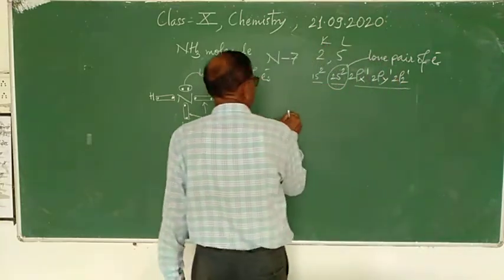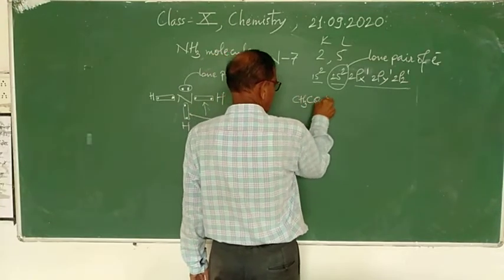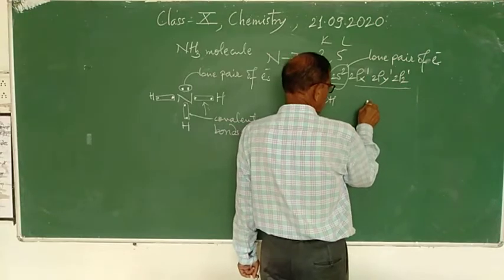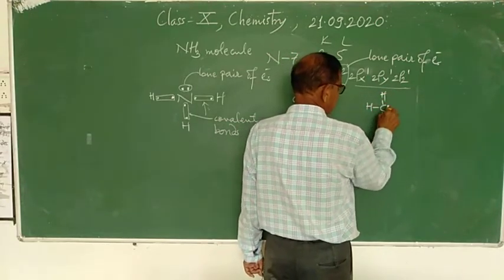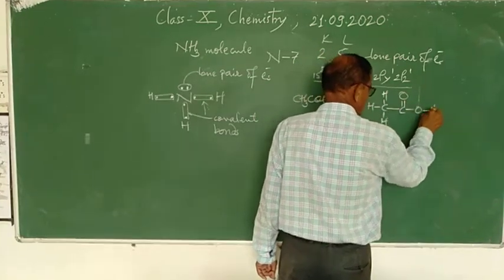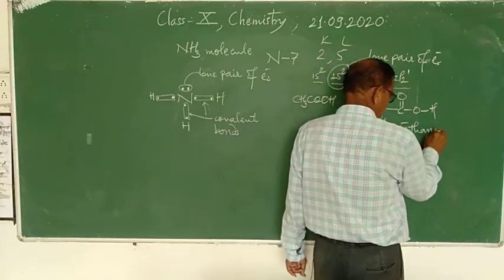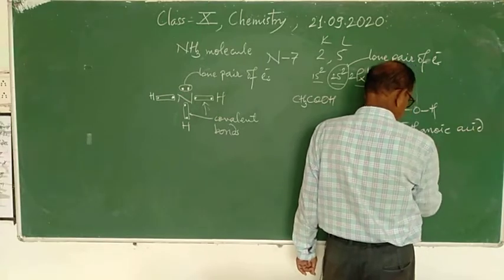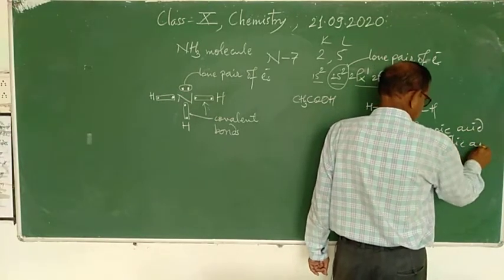Another structure I will explain, for example, CH3COOH, or we can write CH3 single bond C double bond OOH. This is ethanoic acid, or acetic acid.